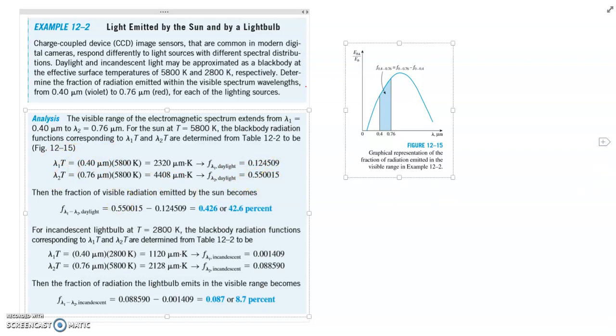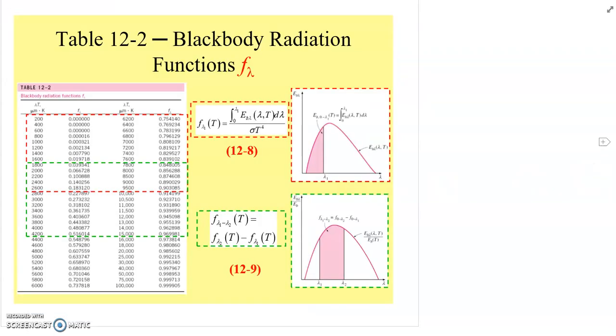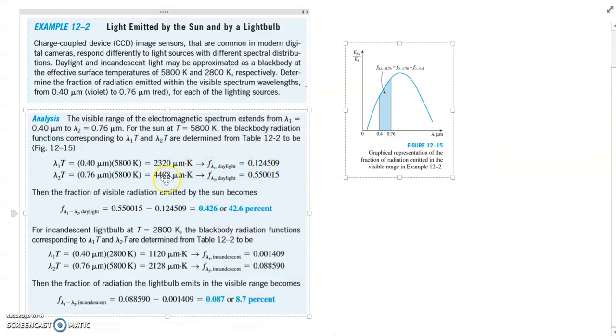If you need to do interpolation, please do so, because here the gap is 200 in lambda T. The value here is like 4408, so you need to do interpolation to get the corresponding f lambda 2. So for daylight, f lambda 2 minus f lambda 1 is 0.426.